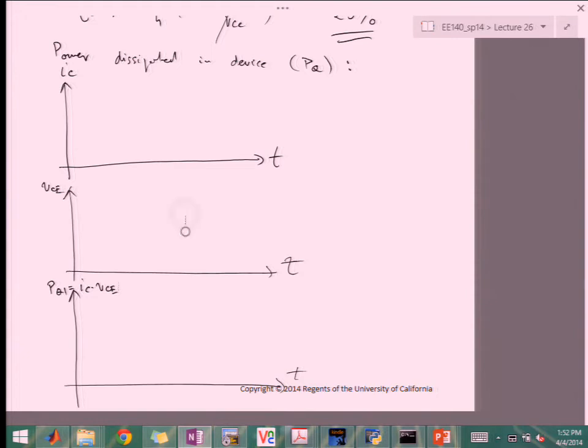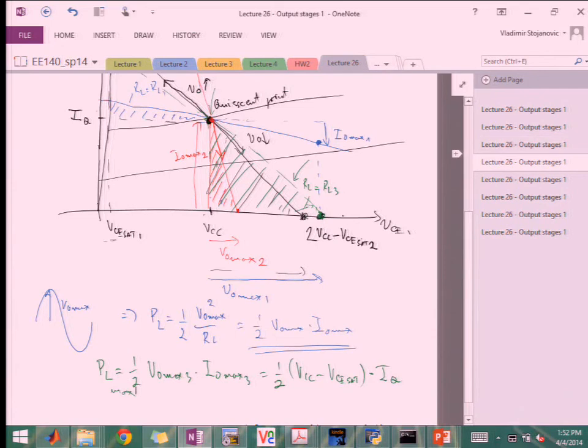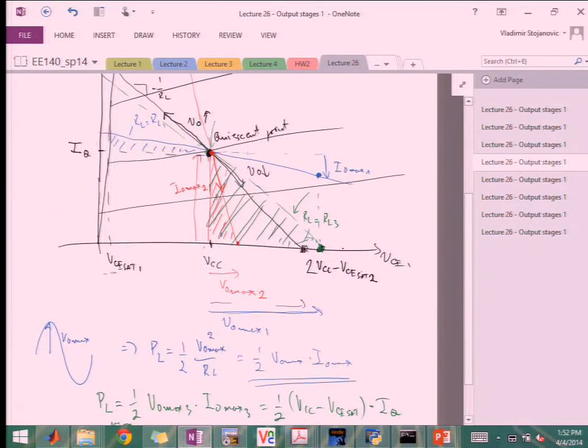Let me start from VCE. We know from the load graph that we had previously, we start from VCC and then move left and right depending on how our V out goes as a sine wave.